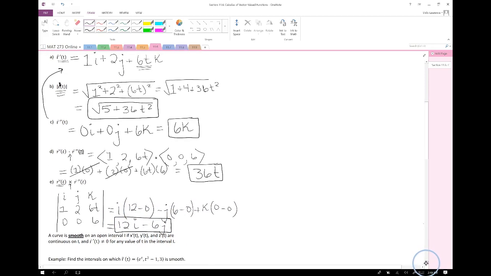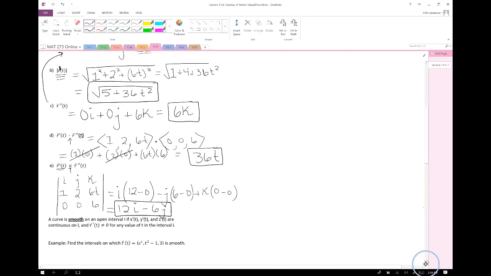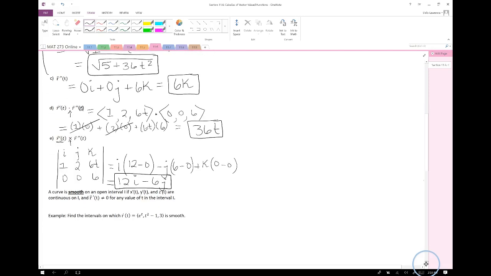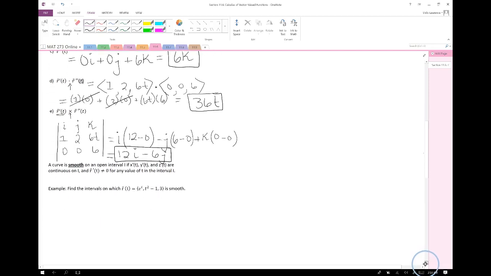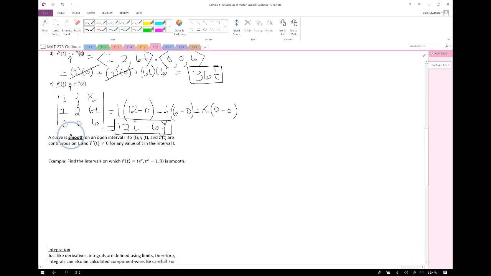Okay, so pretty straightforward derivatives. The only thing you need to keep in mind is if our vector valued function has 3 components, that means we're going to have to take 3 derivatives. Derivatives are used to help us define whether a vector valued function is smooth or not.